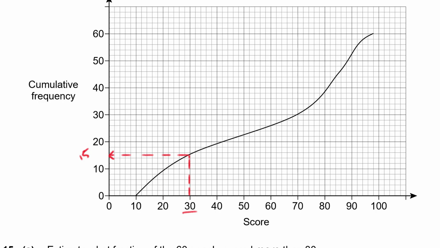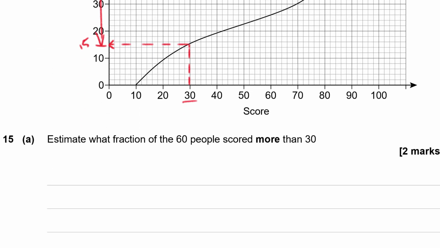Now if we want to work out how many scored more than 30, then actually what we're looking for is the people from there to there. So the number of people there are between the mark 15 and 60. So I would estimate that as 60 take away 15, which is 45 people.